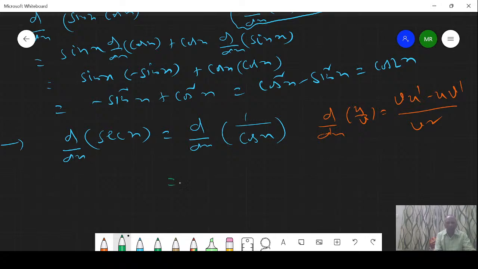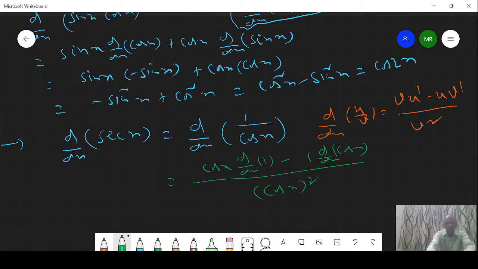Now if you do this, I can write cos square x in the denominator, considering cos x whole square. Cos x into d by dx of 1, because this is v and this is u. Next, minus u into derivative of v, so I can write 1 into d by dx of cos x.